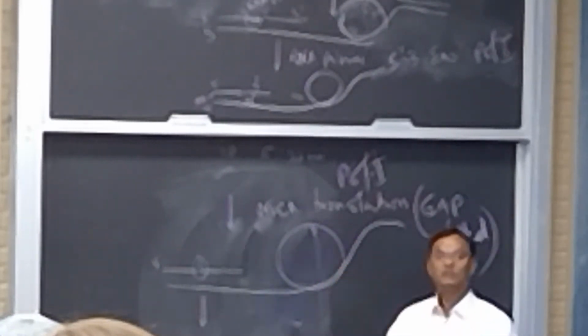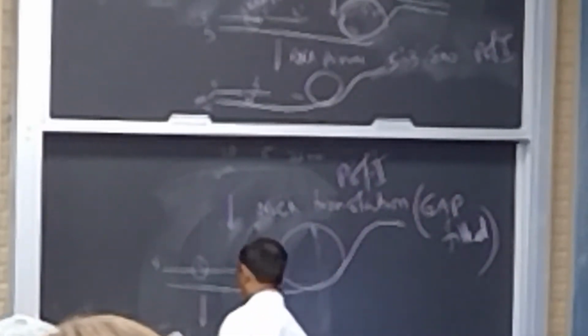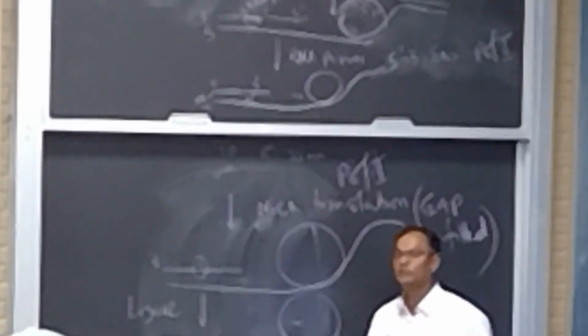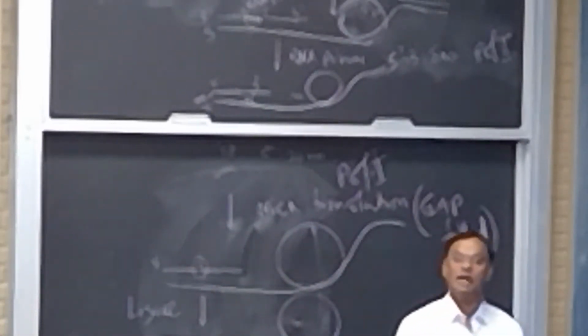What is the name of the enzyme? Basically, it's ligated. Correct? You ligate. Is it clear? Yeah. So, polymerase 1 is primarily involved in removal of the RNA primer.